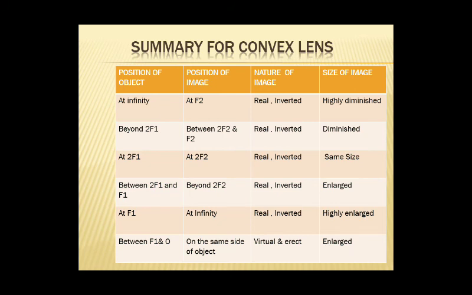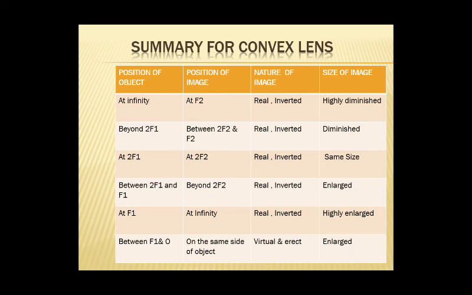Now this is the summary. One by one we have done the 6 ray diagrams. On the basis of those 6 ray diagrams, the position of object, position of image, nature of image and size of image, any question will come on the basis of this, right?